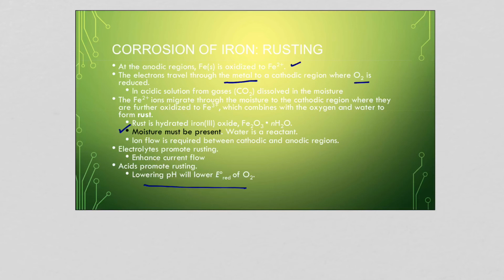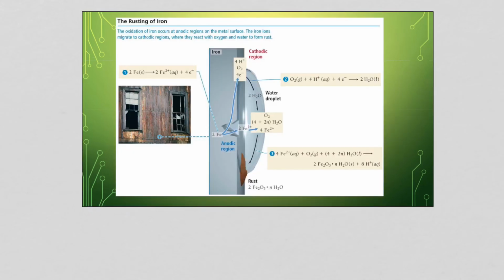So we already talked about it being easier to reduce oxygen in an acidic environment. If we look at a basic picture here, if we take a real zoom in, and we have a water droplet present, typically rusting will take hold where you have some sort of imperfection in the surface, and so we have exposed iron.